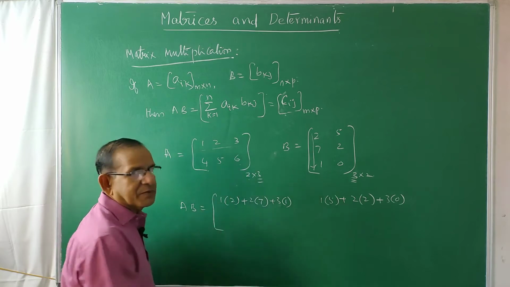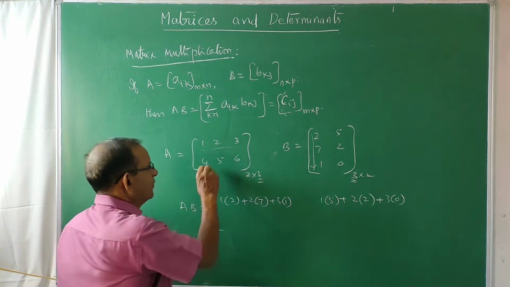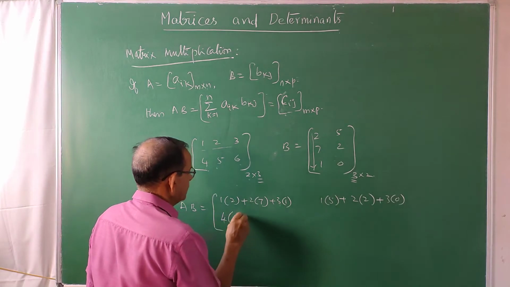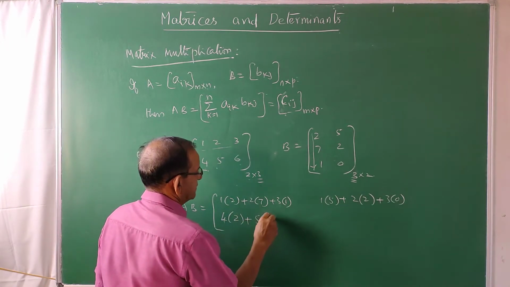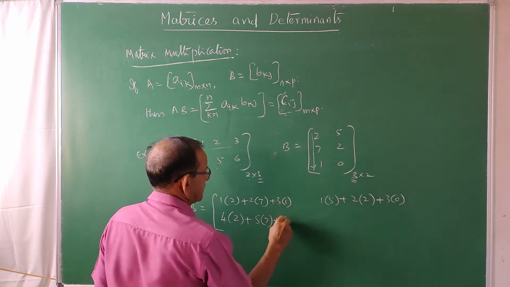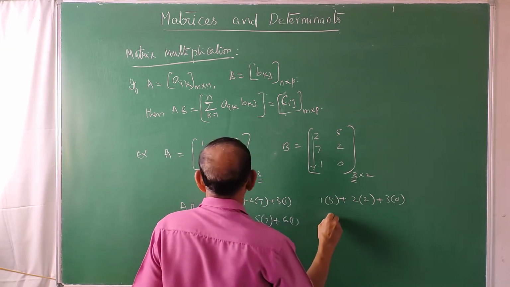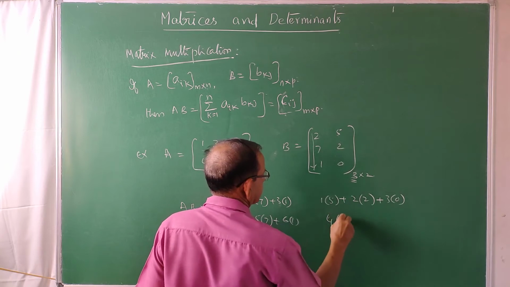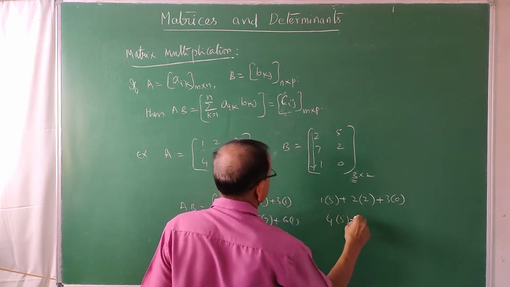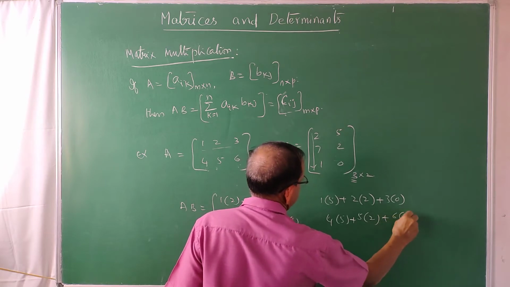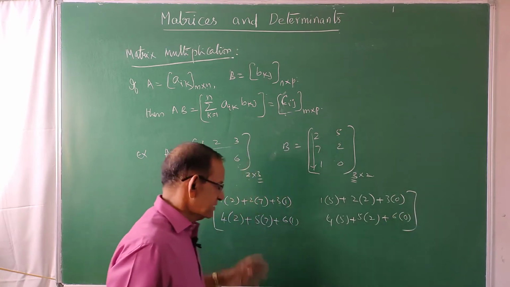Now let us multiply with the second row: second row into first column, 4 into 2 plus 5 into 7 plus 6 into 1. Now second row, second column, that is 4 into 5 plus 5 into 2 plus 6 into 0. This is the product matrix. I have to simplify this.